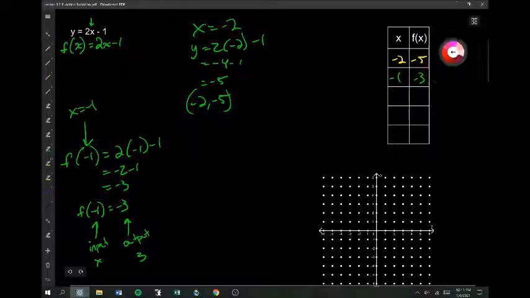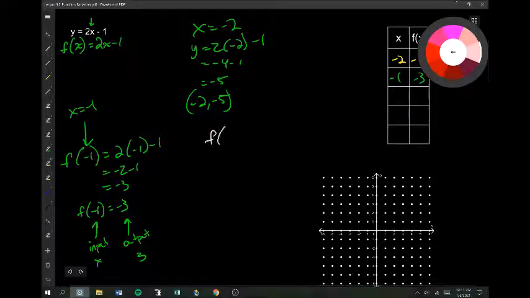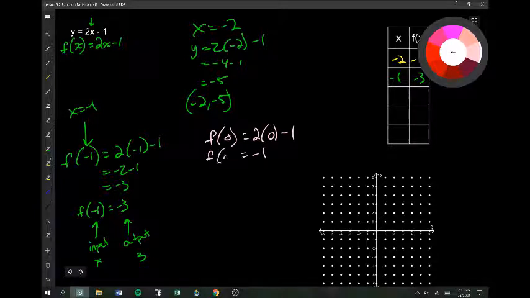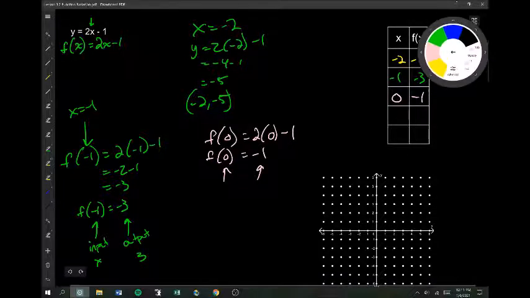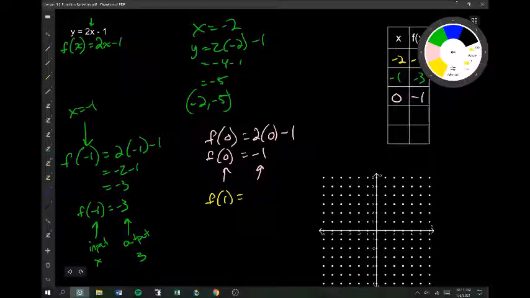Let's do another one. This is saying the input is 0. I'm plugging in a 0 for x. If I plug in a 0 for x, I get out -1 for y. So I have the point (0, -1). Input 0, output -1. I could do f of 1. The input is 1.